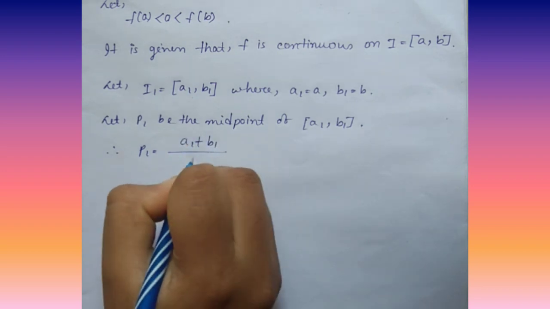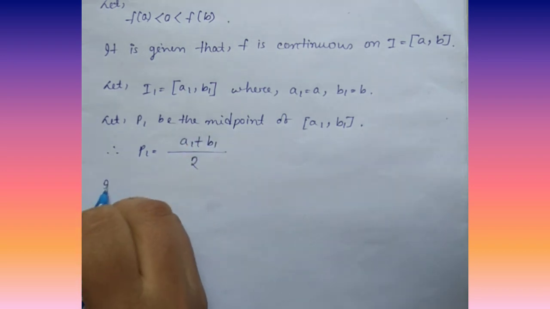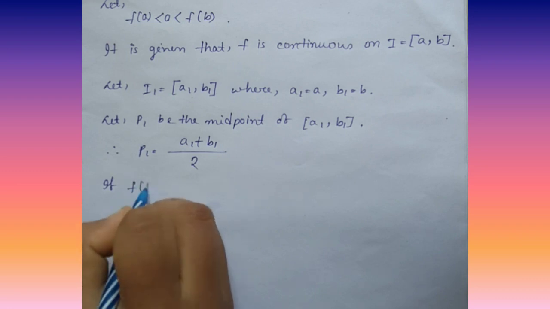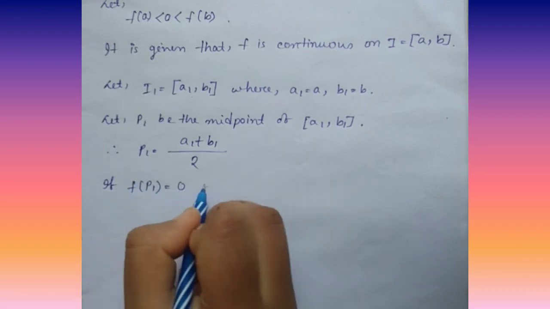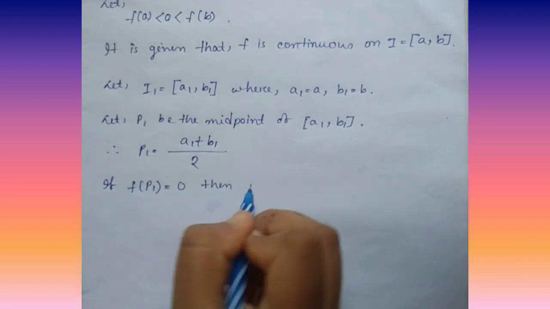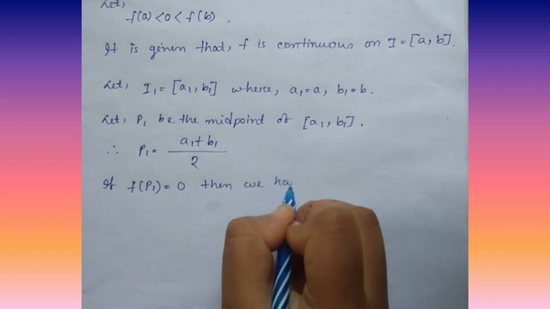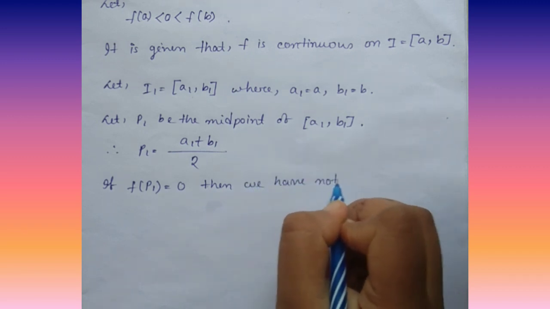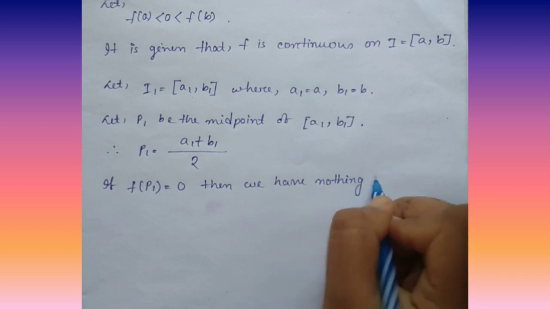Then we get p1 equals (a1 plus b1) divided by 2. If f of p1 equals 0, then we have nothing to do.